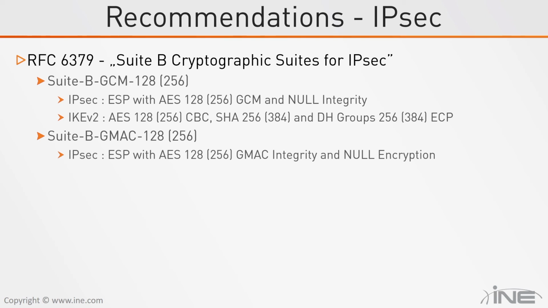It says use AES either with 128 or 256-bit key running in the GMAC mode, which is going to provide authentication and integrity, and then encryption is going to be disabled. Like if you only want to authenticate and verify the integrity of your data, but you don't want to encrypt them.